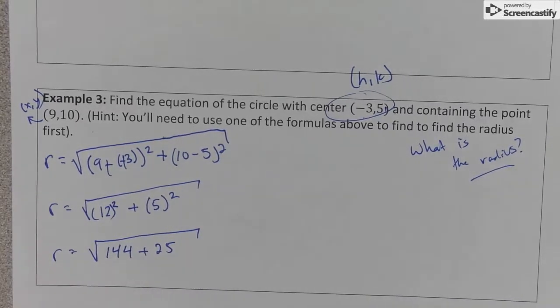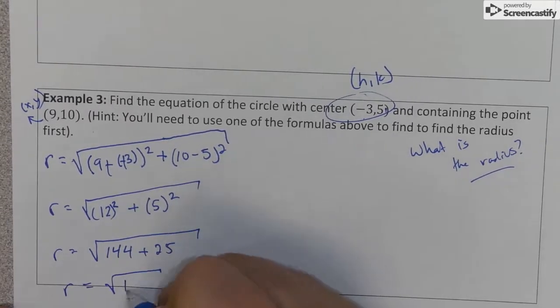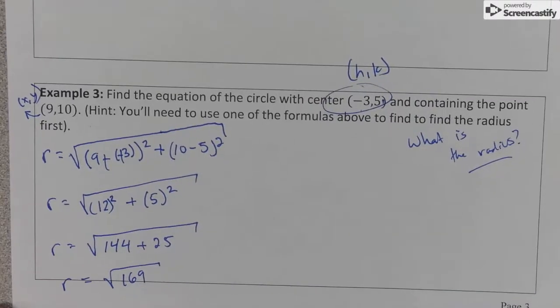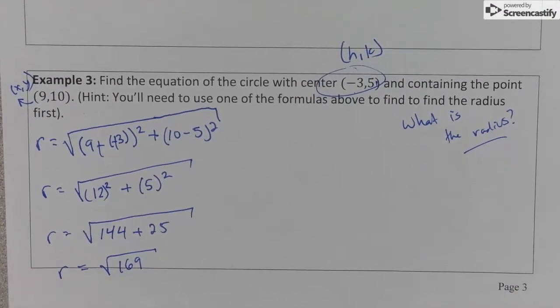Now after you simplify, 144 plus 25 is the square root of 169. The temptation here is to say, oh, just take the square root of 169, and you would find that that's 13, which would help. You could do that if you wanted to.